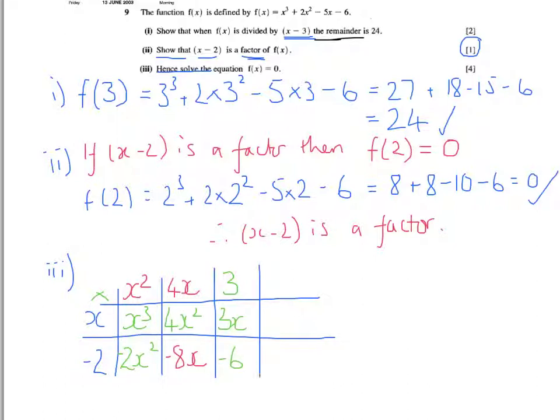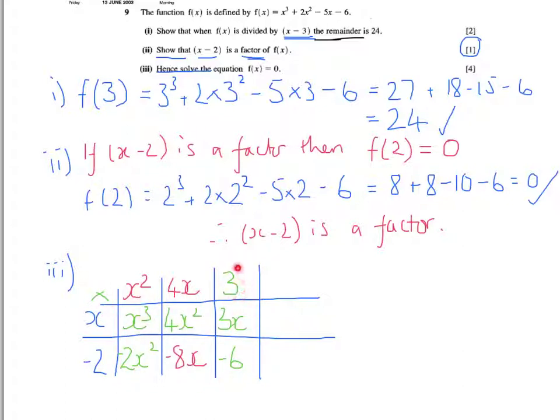And if we look, that means in the main body of the table, if we added everything up, we've got the same as we started with here. There's the minus 6, which has miraculously appeared here. It should have done. If it didn't, we've gone wrong, because we know that x minus 2 is a factor. So x minus 2 divides exactly into our cubic.